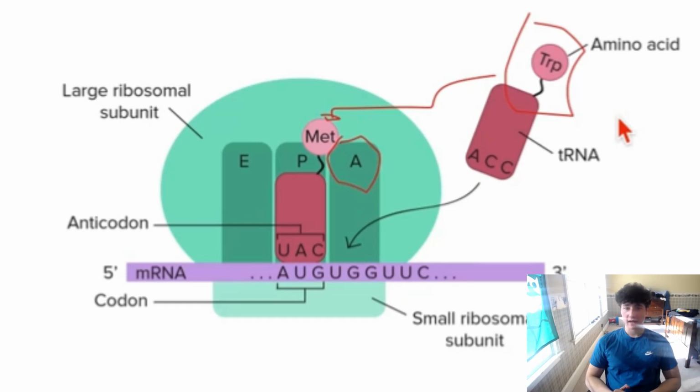So the A site is where the tRNA enters and then adds its amino acid, like I said. The P site holds together the amino acid chain, as well as the E site, which is where the tRNA will exit. So the energy source will be GTP.